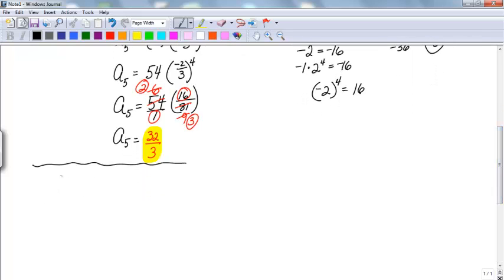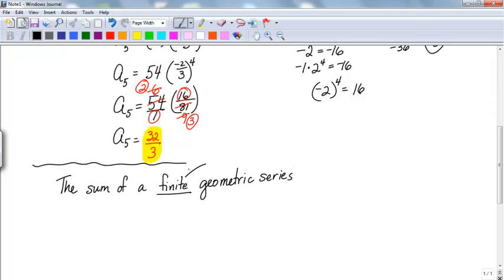Okay, so the next thing is the sum formula. And this is the sum of a finite, and that's a key word, sum of a finite geometric series. And remember, the series has plus or minus signs in between. And the word finite means it has an end.